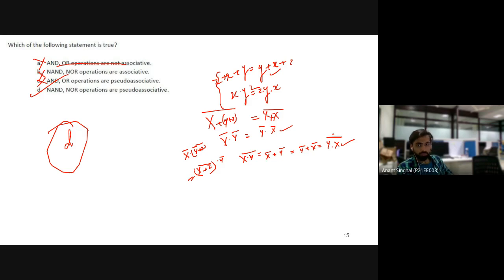Is it fine? This is a theoretical question, so I hope this is fine.